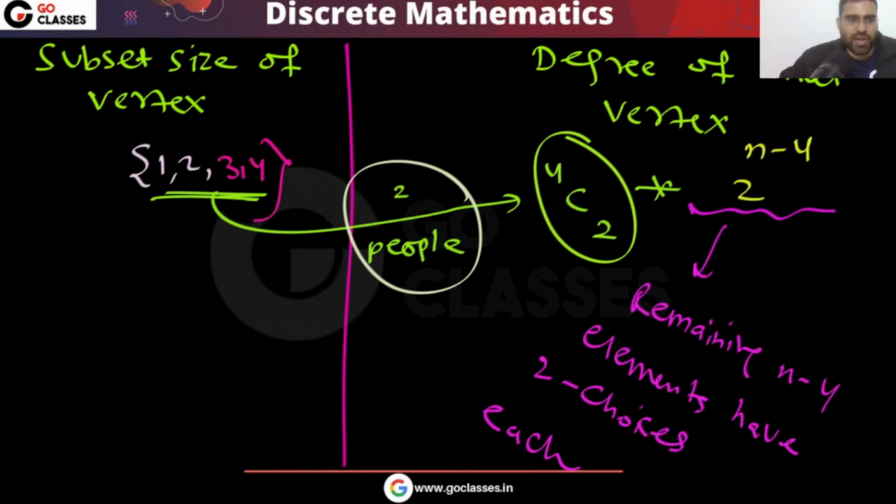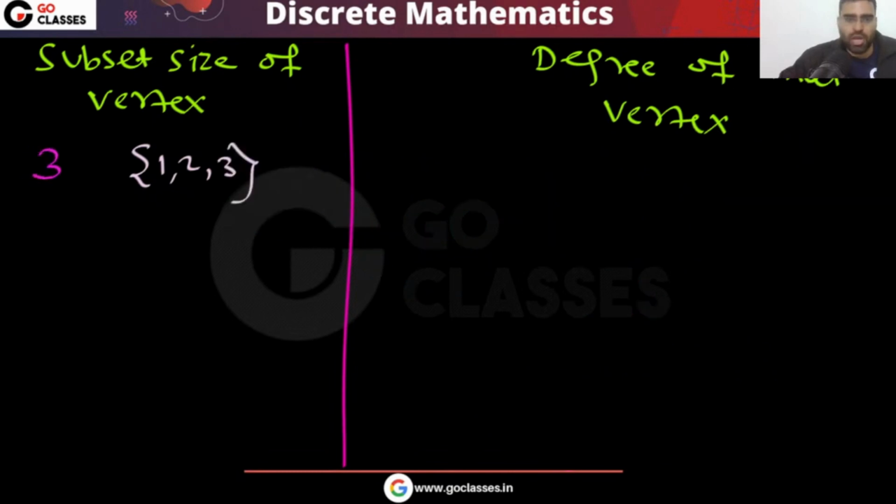The same thing, if you take size 5, will repeat. From these 5 you select 2, and the remaining n minus 5 people have 2 choices each, and so on. Now can you generalize?